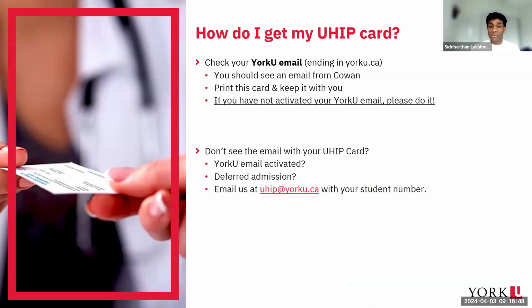If the email is activated, you will receive an email from the insurance company, Cowen, within the first few weeks of your semester starting with details on how to access your UHIP card. We highly recommend following the instructions, accessing the virtual card, but printing this card and keeping a physical copy with you at all times. Because whenever you go to a clinic or a doctor, they may ask for this, and it's always more convenient to present your physical copy.